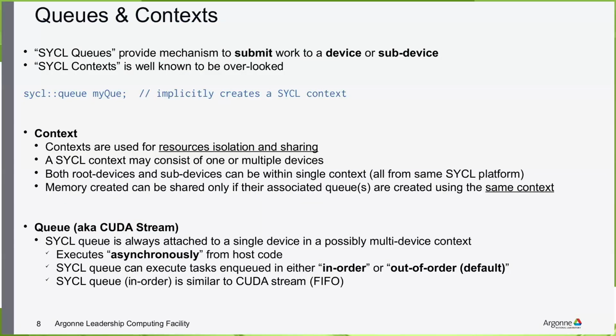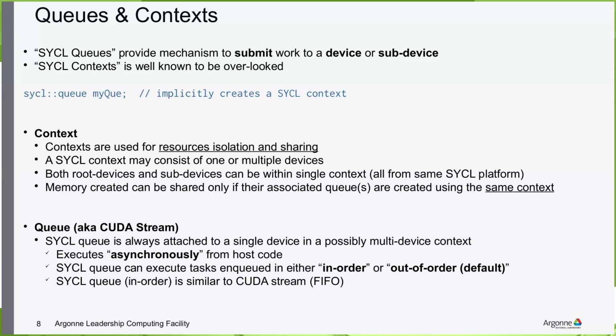Talking about some basic fundamental paradigms in SYCL, we need queues and contexts. These are the fundamental objects for how you submit a job or a task to a device. When I say device, I'm not specifically talking about GPUs. It could be a CPU or a GPU. SYCL queues provide the mechanism to submit work, and the work can be a copy operation or a kernel launch.